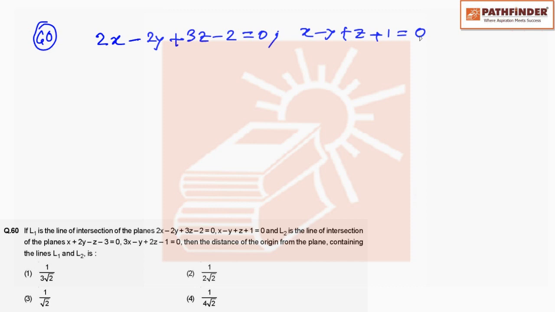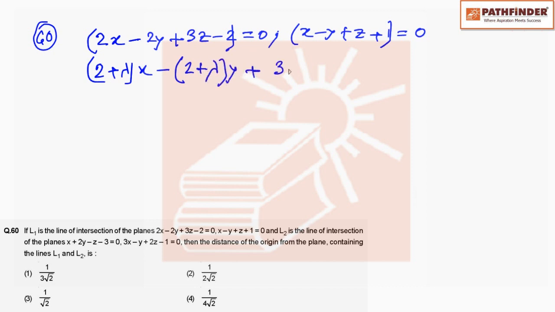So combining this plane along with this plane, we get 2 plus lambda x minus 2 plus lambda into y plus 3 plus lambda into z equal to 2 minus lambda. This is the equation of the plane combining these two planes.